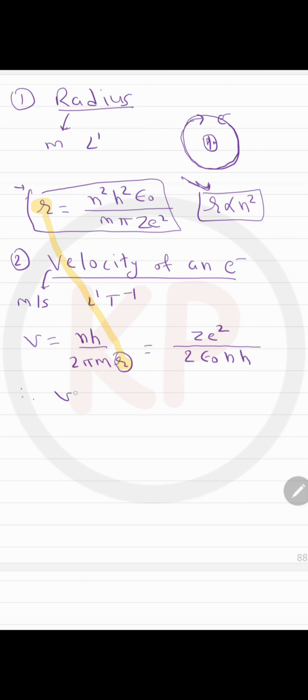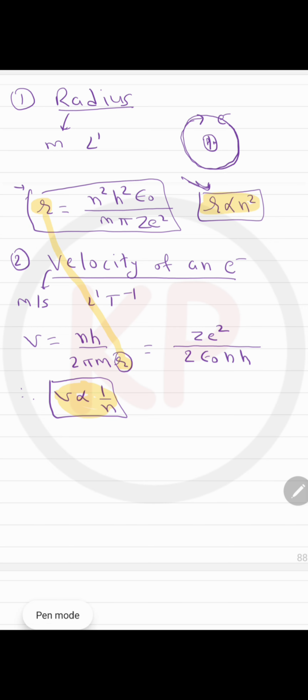We can say from this v is inversely proportional to n. This is very important to solve MCQs again. Radius is proportional to n², means as n increases, radius increases. And as the value of n increases, velocity decreases.